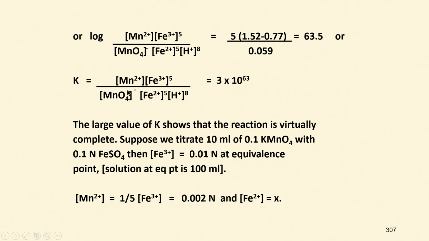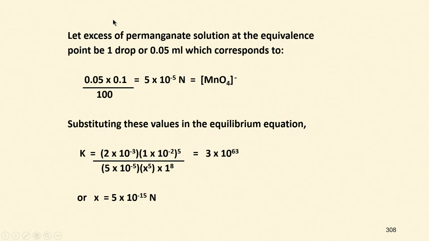So, we will say it is X. A little excess of the potassium permanganate solution at the equivalence point, one drop, let us say 0.05 ml, we add, then that 0.05 ml gets diluted to 100 ml, and that is the normality. So, the concentration is 5 into 10 raised to minus 5 normal MnO4-.